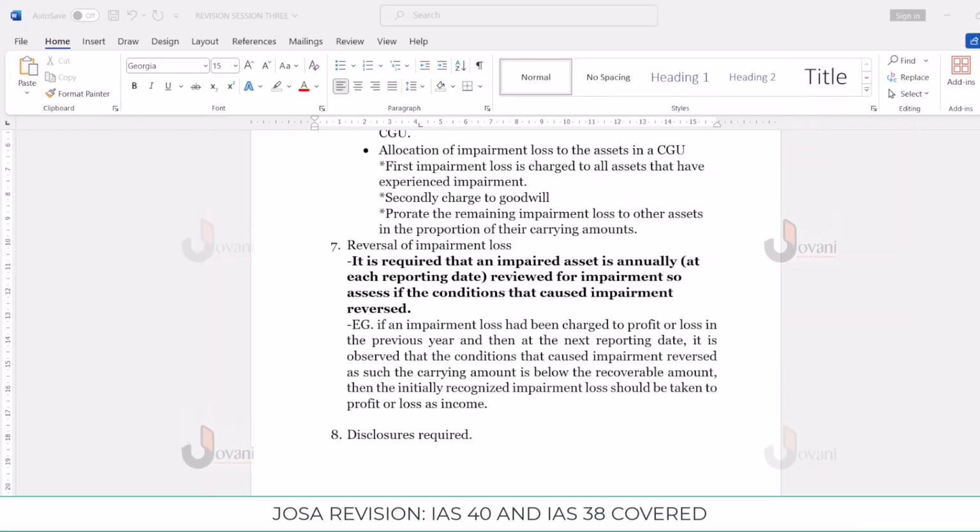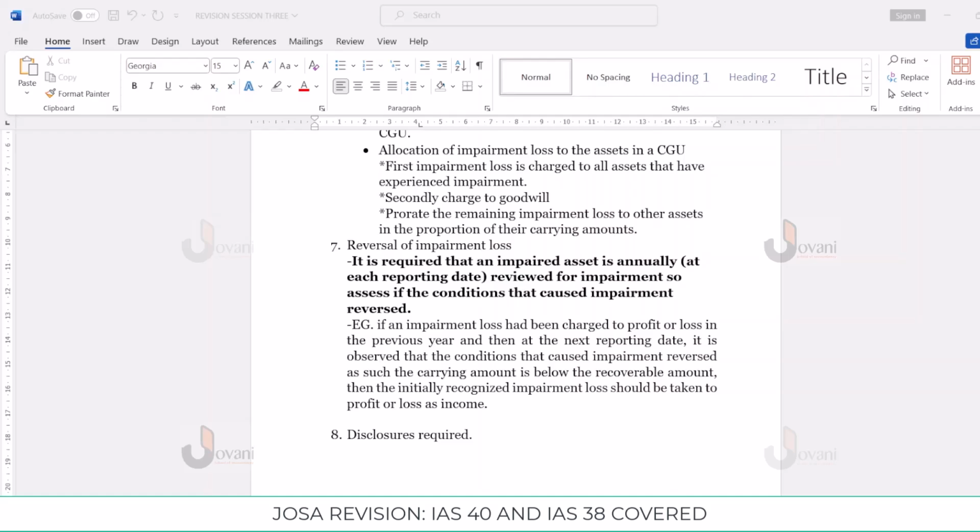Perfect. Another one? Goodwill. I hope we all remember that. Assets with indefinite useful life, because for them we do not amortize them, so we should review them for impairment annually. Then secondly, goodwill should be reviewed for impairment annually.